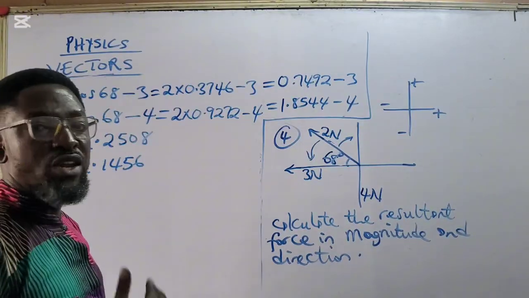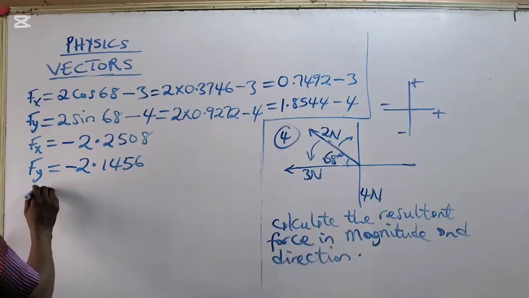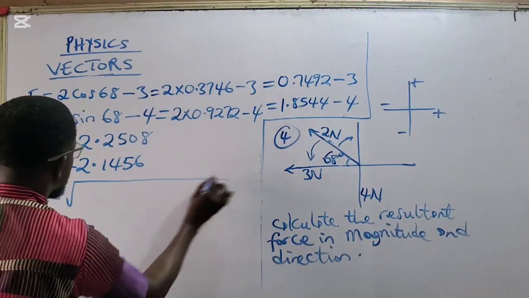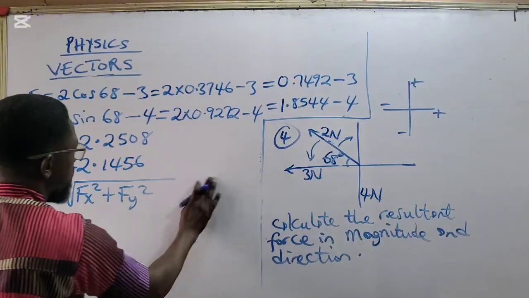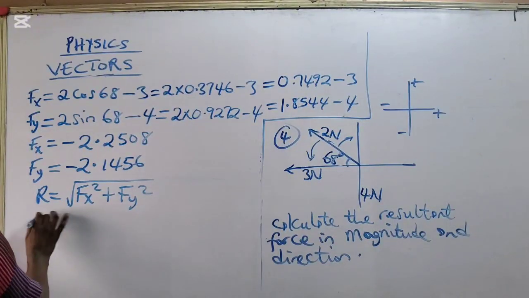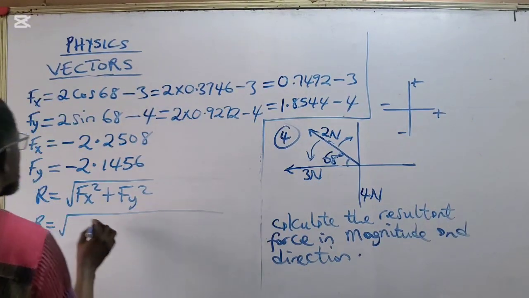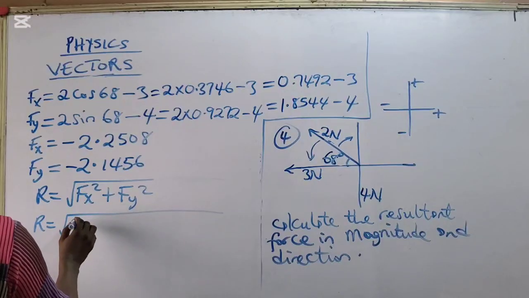Now that we have the value of Fx and Fy, the resultant is the square root of Fx squared plus Fy squared. Like I told you, you can remove the minus sign.